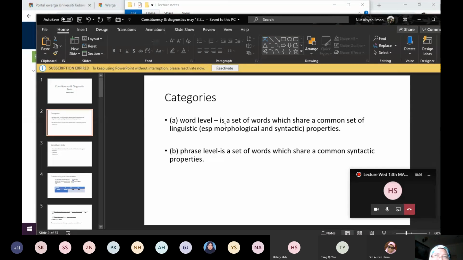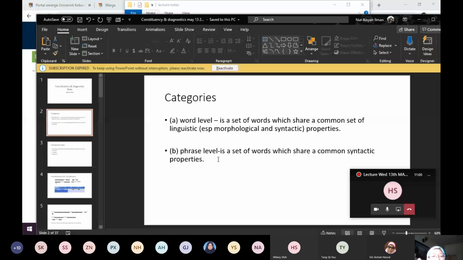So these are the morphological properties that words share, if they belong to pronouns, or if they belong to nouns. Syntactic properties, we will see, is when they are in a sentence environment. We'll see soon that the words behave as a group of words, displaying syntactic properties.